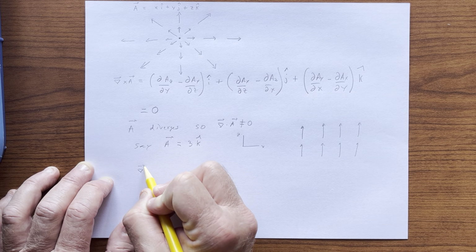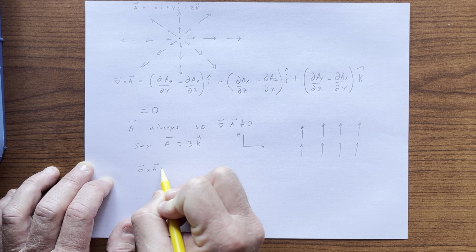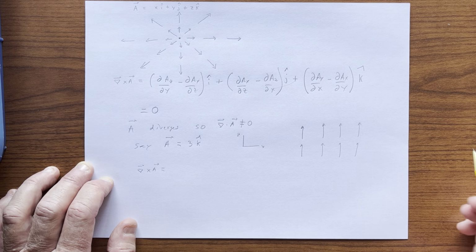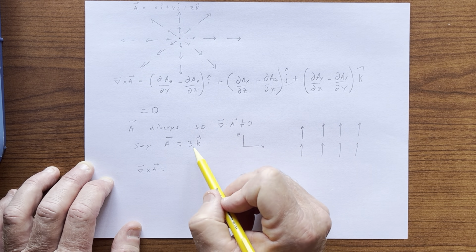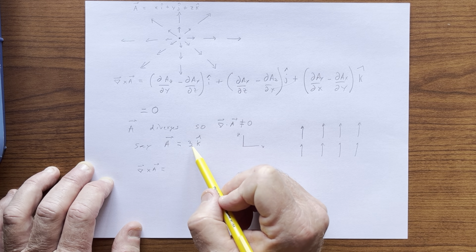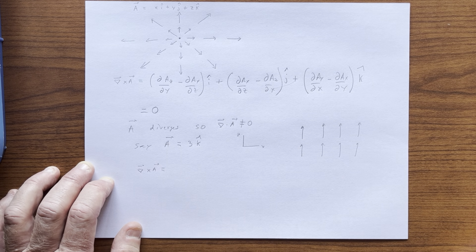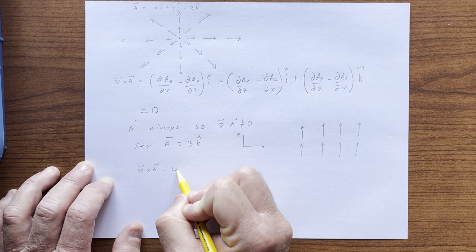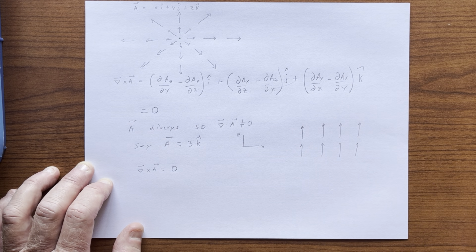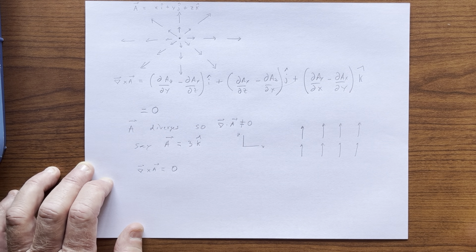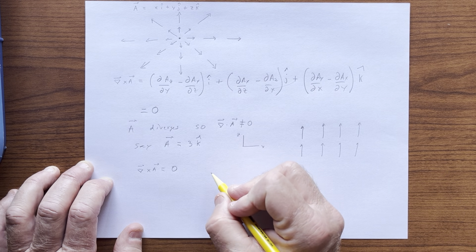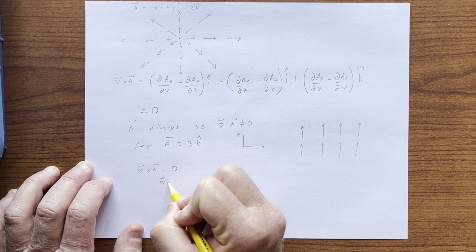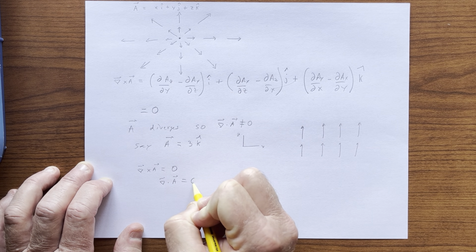So let's do the same calculation. The curl of A involves this kind of thing, but our only component is a constant, so it doesn't vary. And therefore, this also has to be 0. So this is a curlless vector field as well. It also happens that this field is divergenceless.